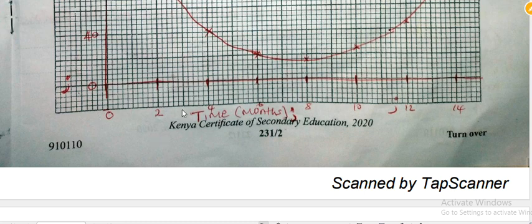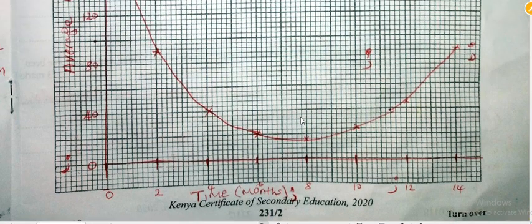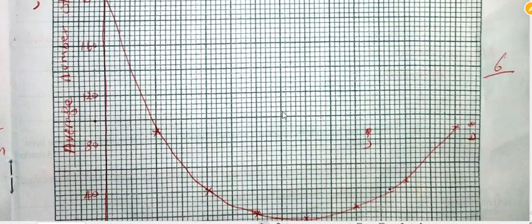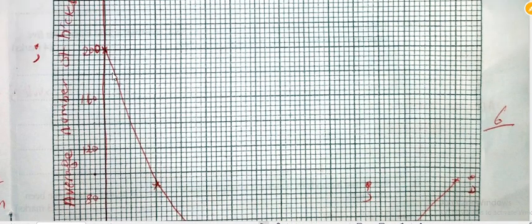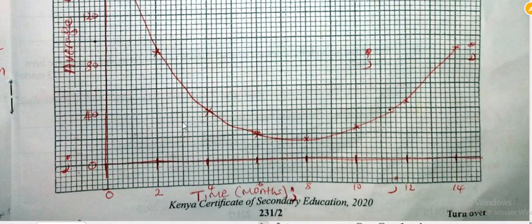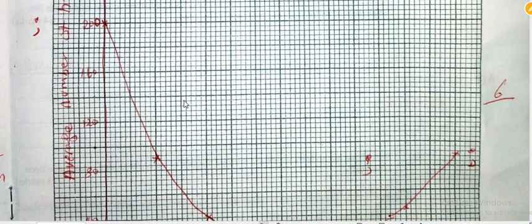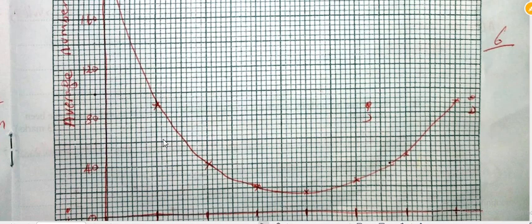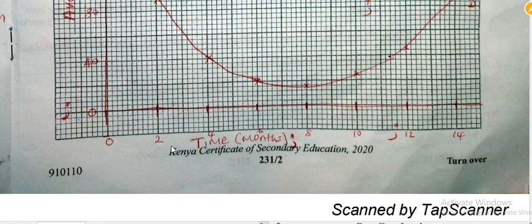You can see the average number of ticks is decreasing as you move towards the 8th month. Generally, we can say we have a rapid decrease in number of ticks as you move towards the 8th month.